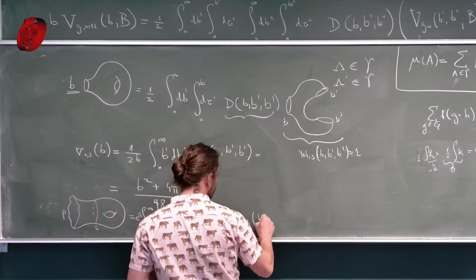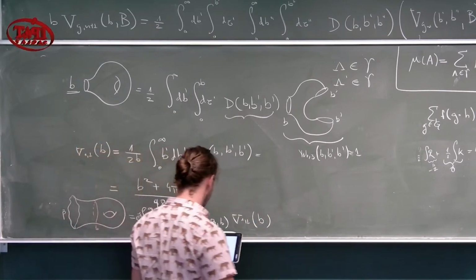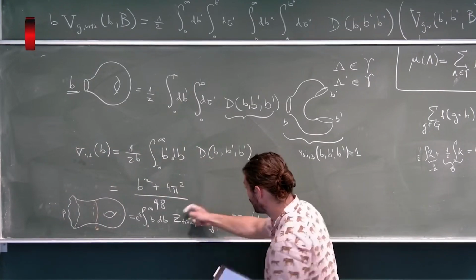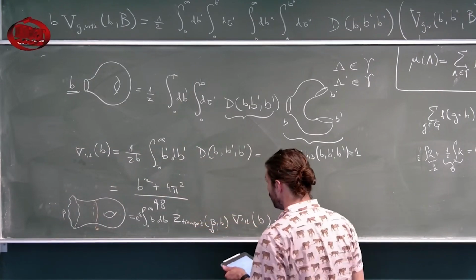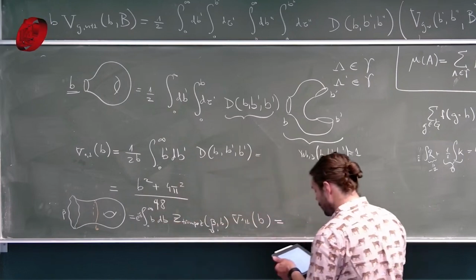V_1,1 of b. I now know what V_1,1 is. It's just this polynomial, and you can do this integral explicitly. I know what the trumpet is. I know this polynomial. The trumpet is just a Gaussian function in the parameter little b.